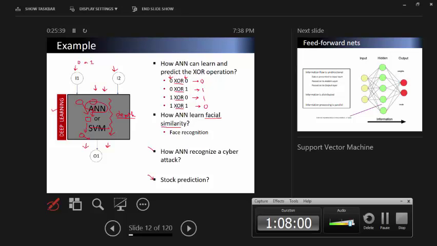So SVM is a good tool for classification, for example. If you have training sets and next time similar data comes in, then you can tell, oh, this guy should be in this class. And you put SVM in here as a deep learning? Maybe not. No? I'm not sure.